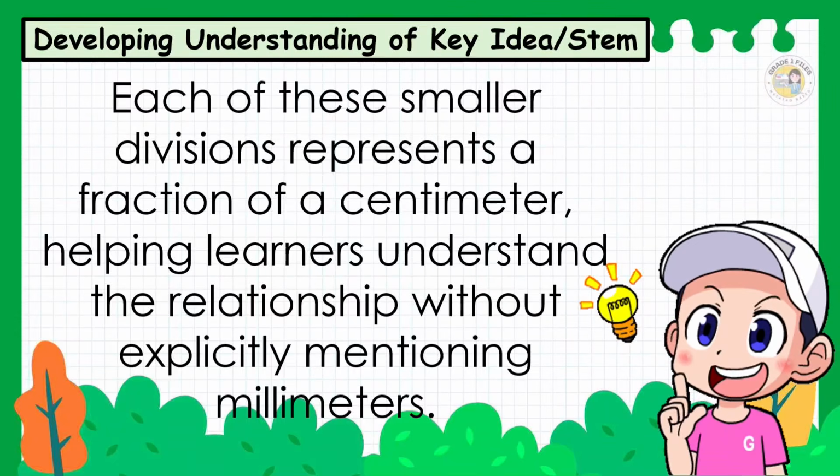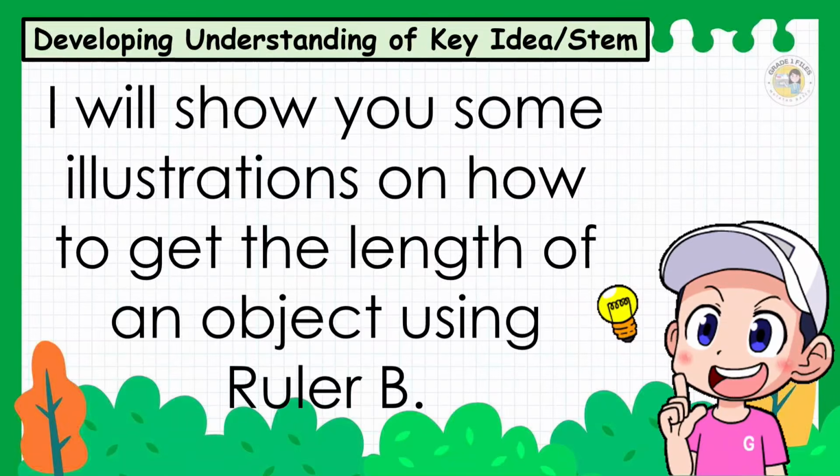Each of these smaller divisions represent a fraction of a centimeter, helping learners understand the relationship without explicitly mentioning millimeters. I will show you some illustrations on how to get the length of an object using ruler B.